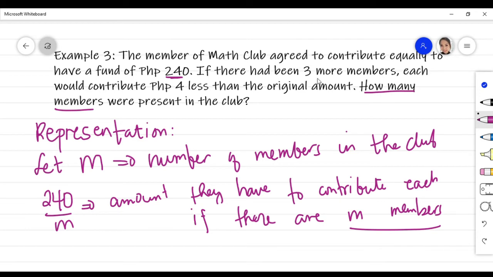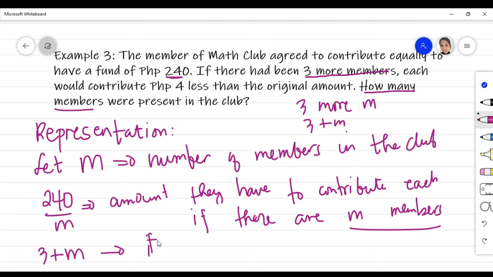Now here, suppose they have 3 more members in the club. So from the original M members of the club, suppose we have to add 3 members, right? 3 more than M, that is 3 plus M. So we will add 3 to the members, no?